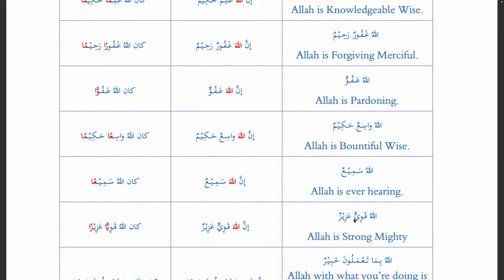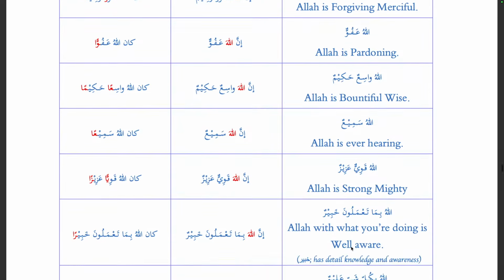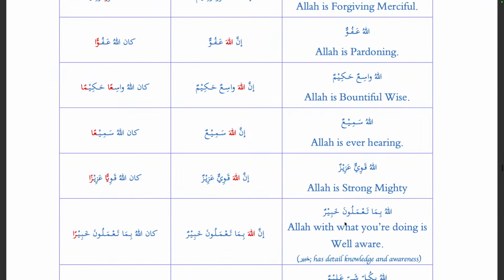Allahu qawiyyun aziz. Allah is strong, mighty. Inna Allaha qawiyyun aziz. Kana Allahu qawiyyan azizan. Allahu bima ta'maluna khabir. Allah, of what you are doing, khabir, well aware, knowledgeable. Right? Allah is knowledgeable, well aware of what you are doing.